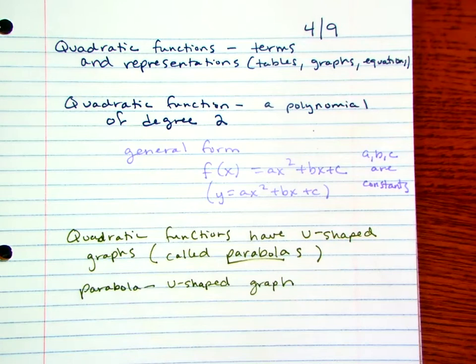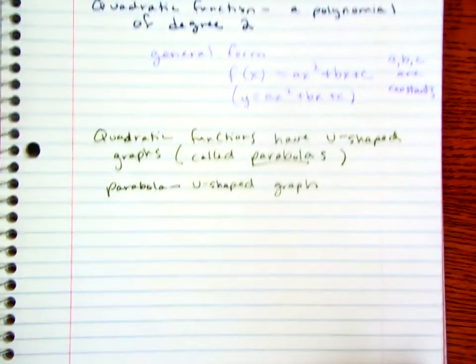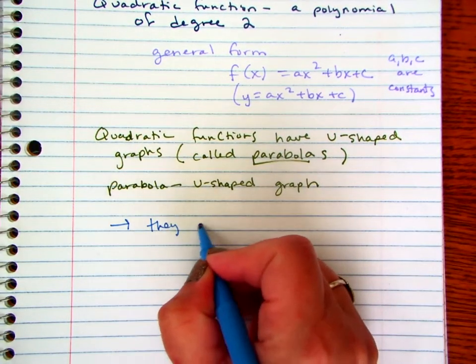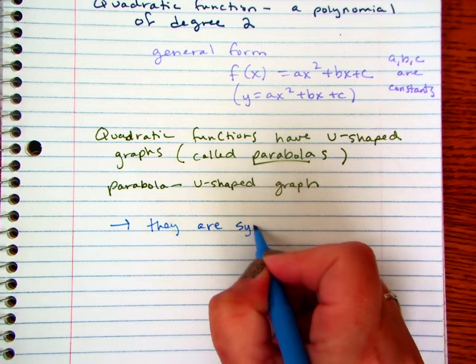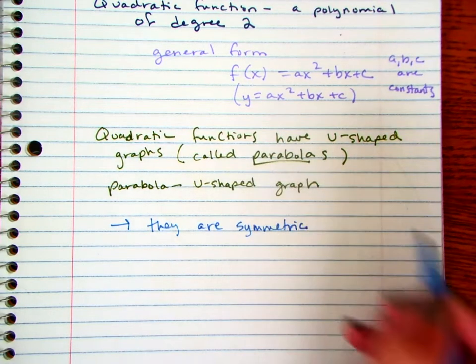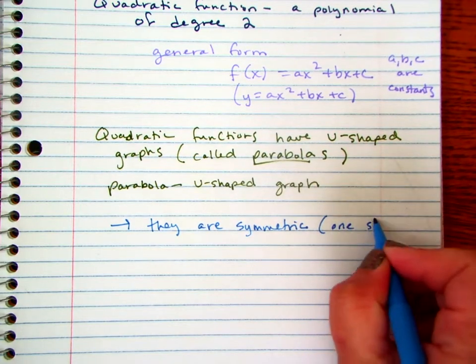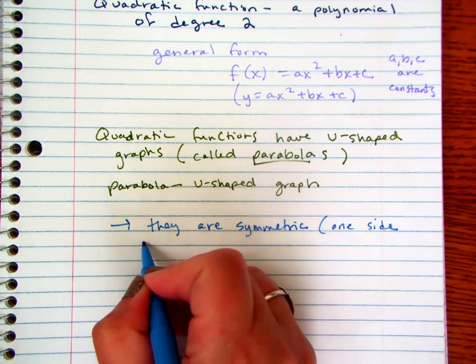Now, some different things about quadratic functions: quadratic functions are symmetric. In other words, one side is the mirror image of the other.